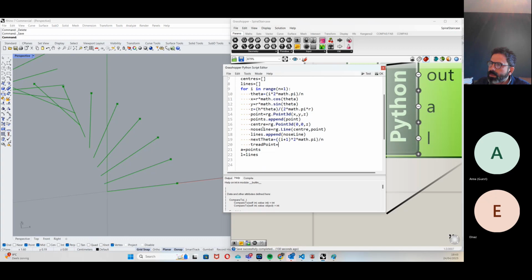Next theta. Next x equals r times math dot cosine of next theta.